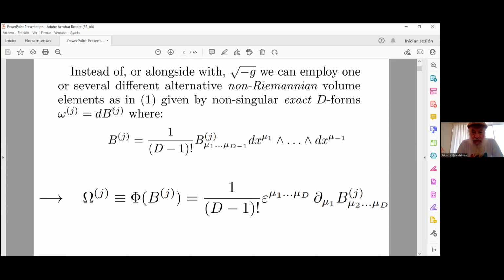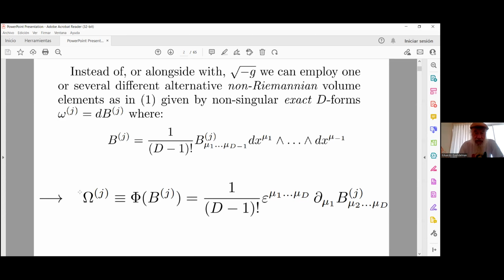For example, if you have scalar fields, tensor fields, you can construct a density out of contracting epsilon mu 1, mu 2, up to mu d with the curl of this antisymmetric tensor.